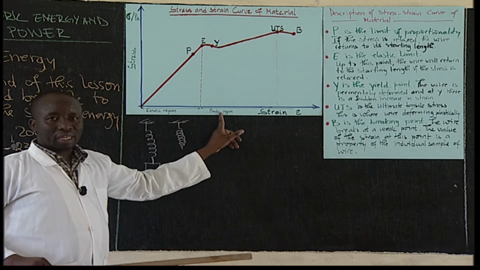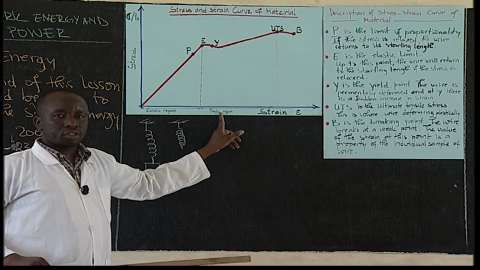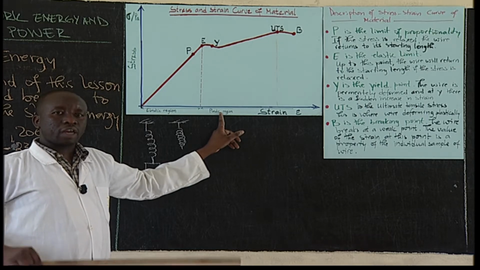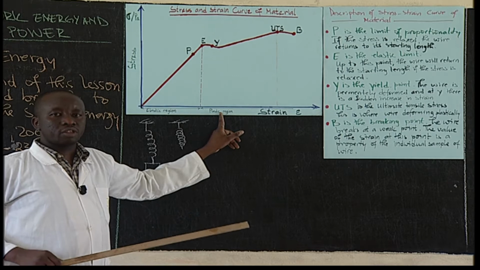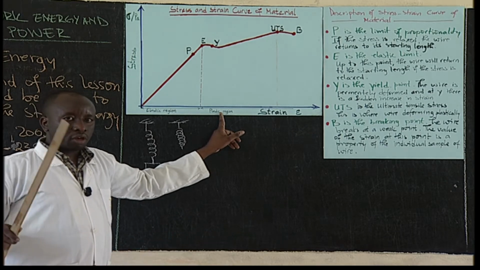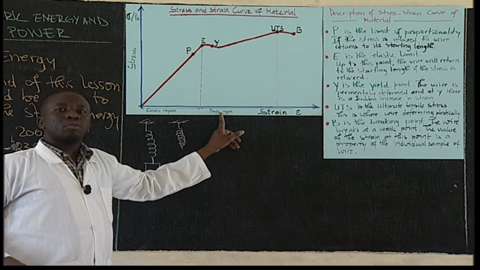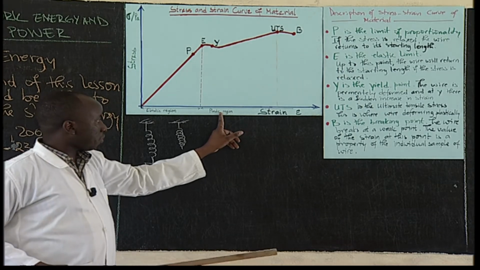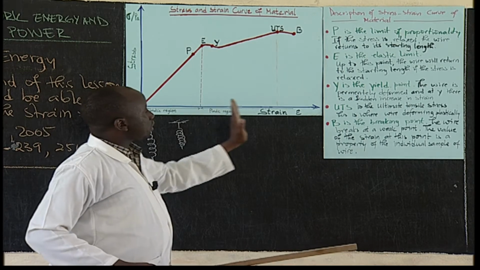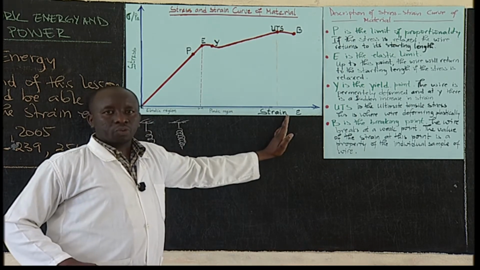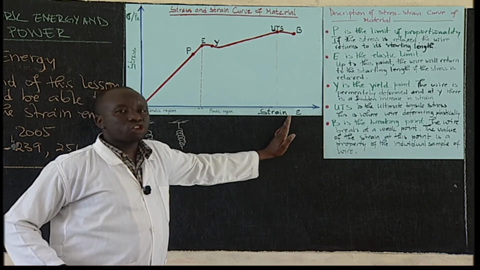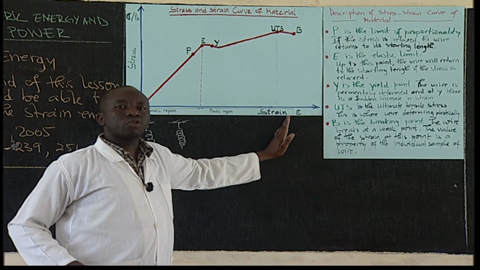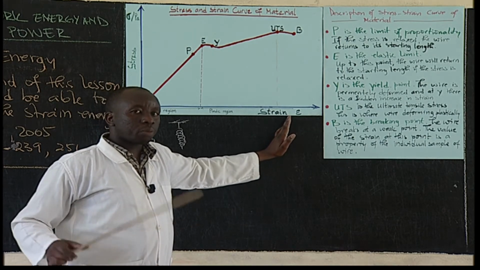But with plastic deformation, when the load is released from the object, the object will no longer restore its original shape. This is what we said last time. Now, from E, we start the plastic region, where the object cannot restore its original shape and size.